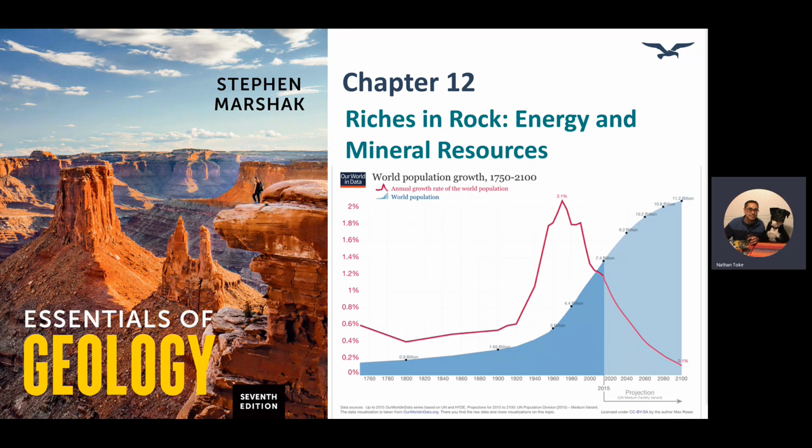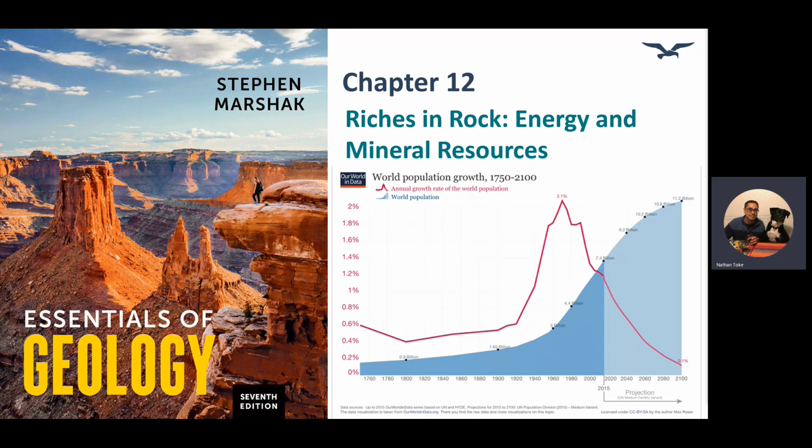So we need a good balance between the number of people, their energy demands, which hopefully can be minimized, and their resource demands, minimized to meet the needs without sacrificing the wonderful natural landscapes that we have and the ecological functioning of those landscapes, not just for people, but for the whole ecosystem.